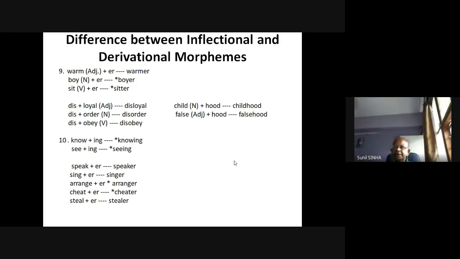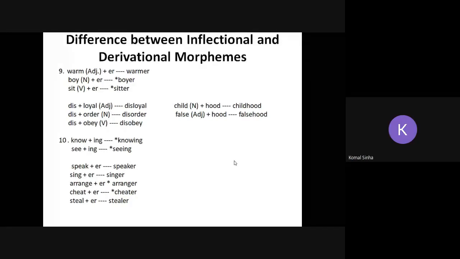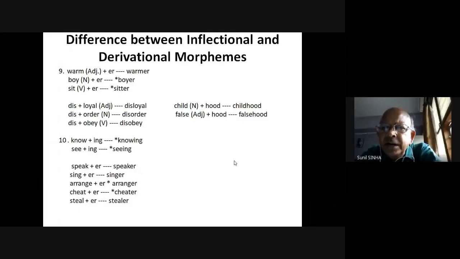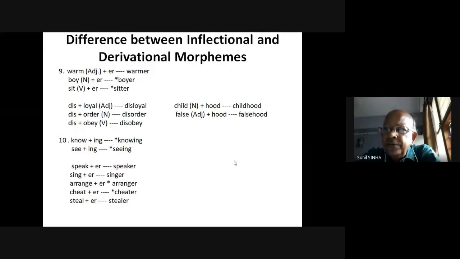Yes? Is that clear? Yes, sir. So whether it is grammatically, no, I didn't see the question. Okay. Abhilasha Mishra, yes sir. Means you have understood. All right.